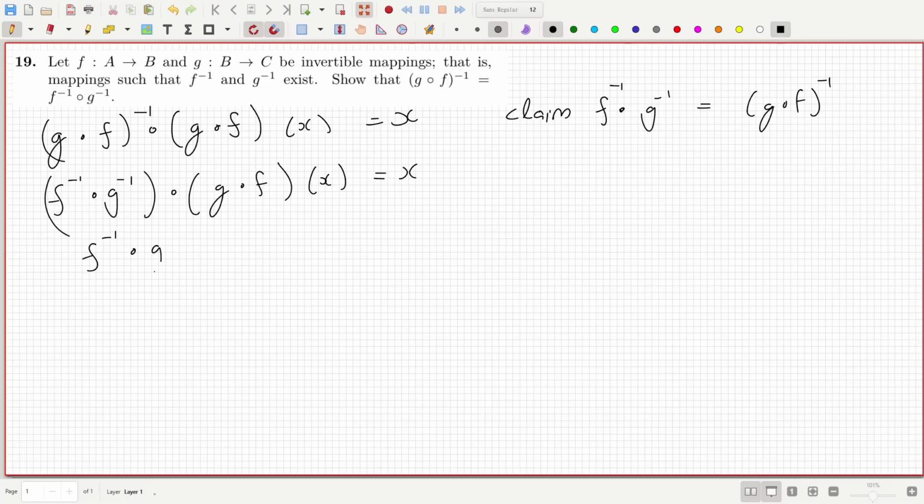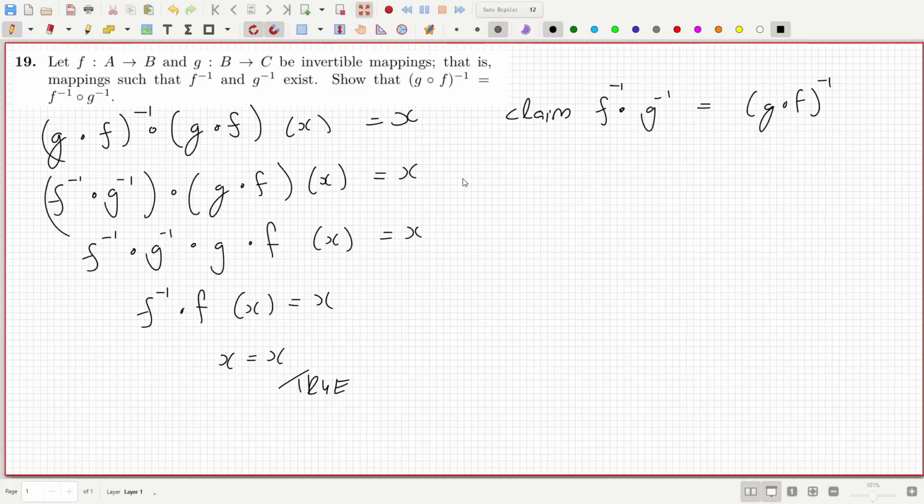F inverse compose G inverse compose G compose F of X. Does that equal X? Well, those two, one after the other, they cancel. And then those two, one after the other, they cancel. So yeah, that's true.